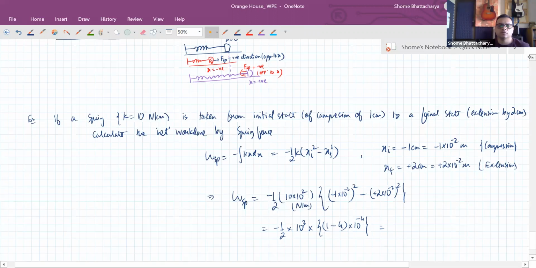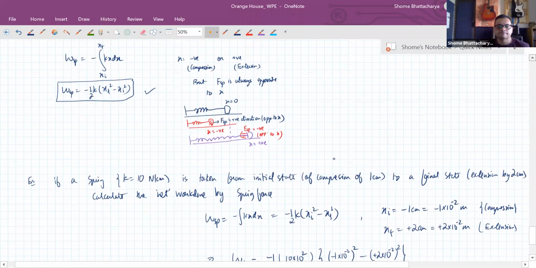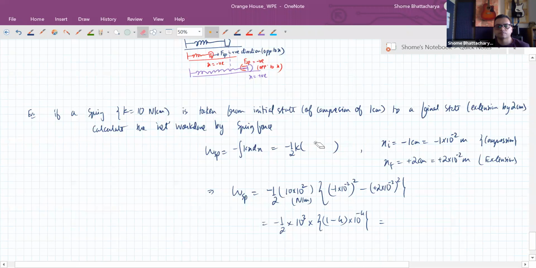Oh sorry, we have to do x final square minus x initial square. My mistake. We've taken the minus sign outside.